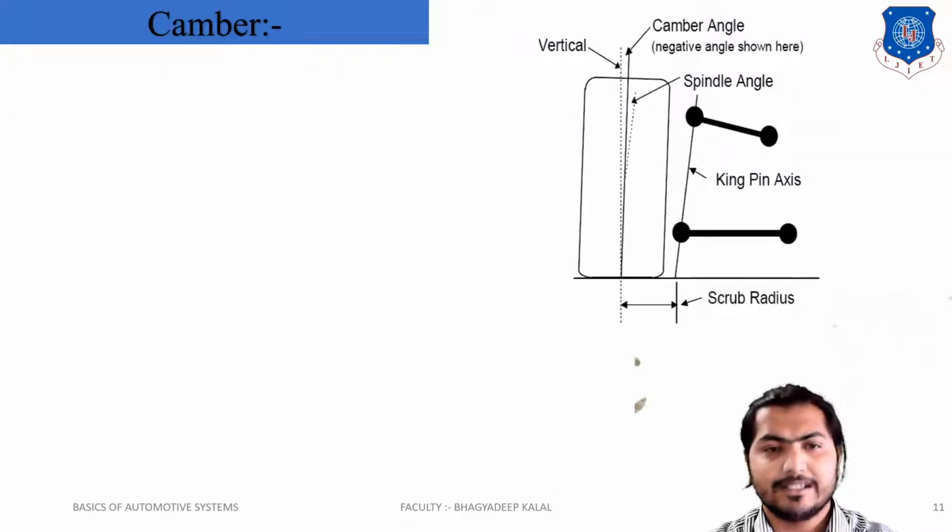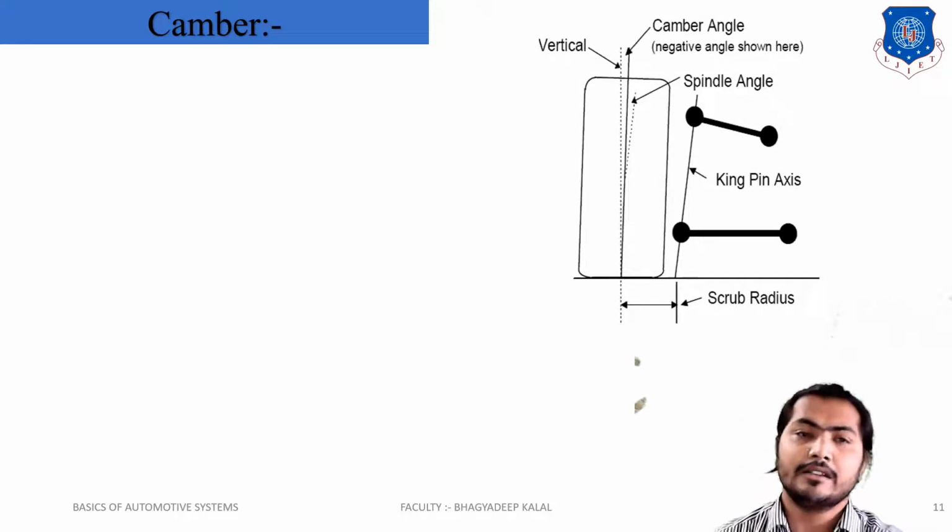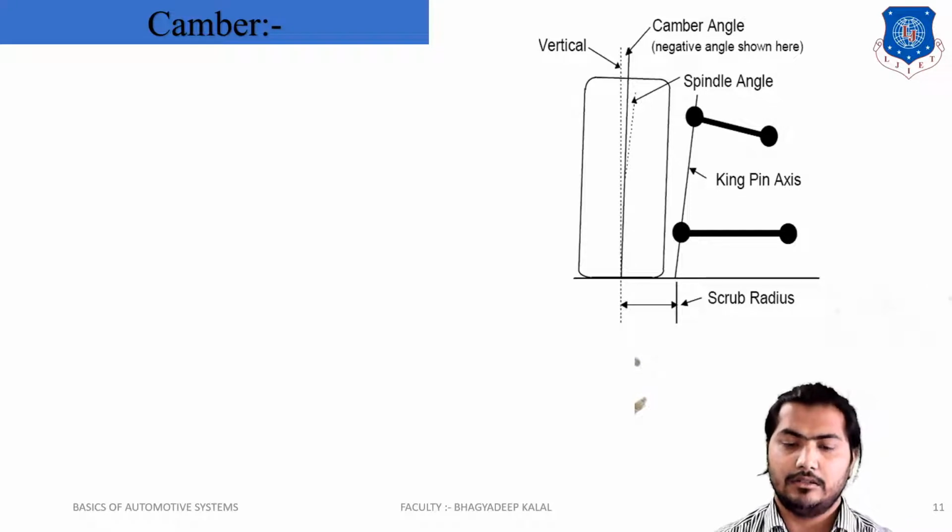Okay, so what is the camber? Let me understand what is the camber and what is the effect of camber. Camber is nothing but the angle made by tilting the wheel from the vertical. If this is our wheel, when it tilts from the vertical, this is the center axis of the wheel.